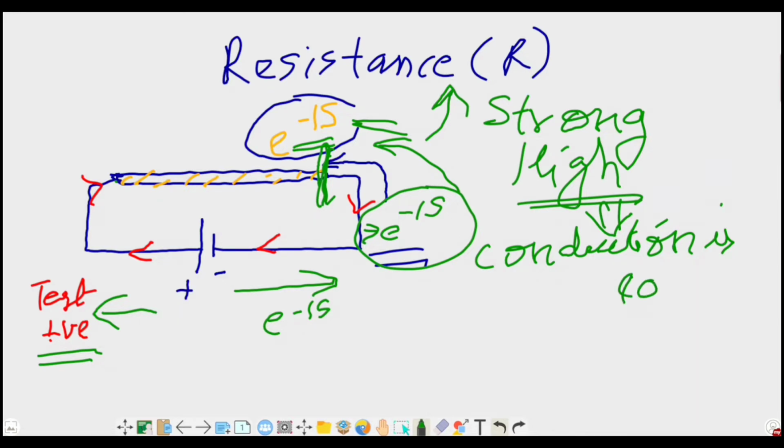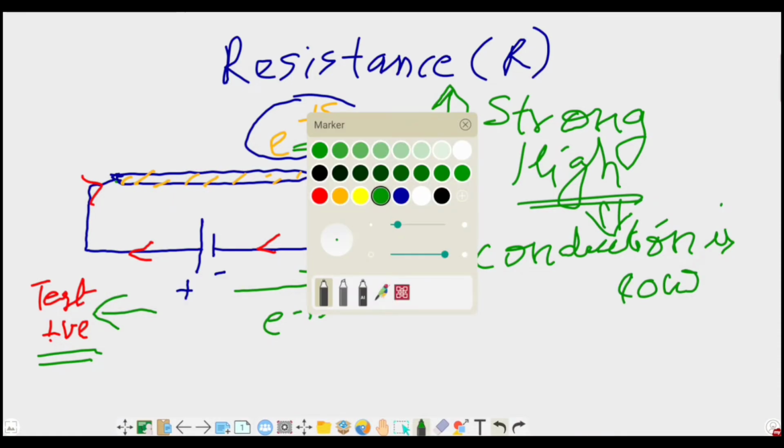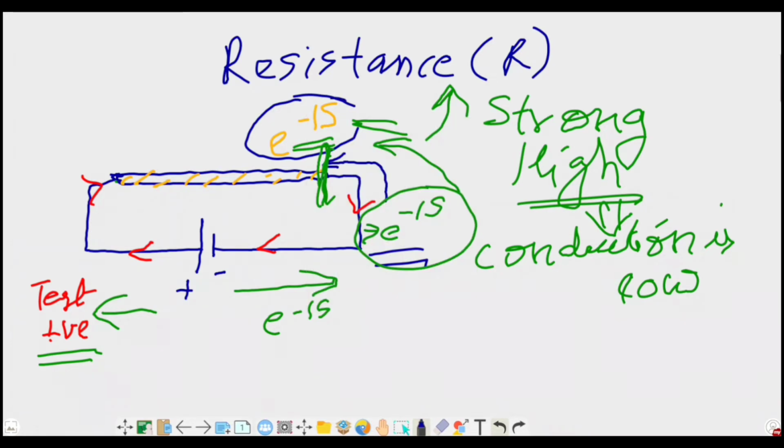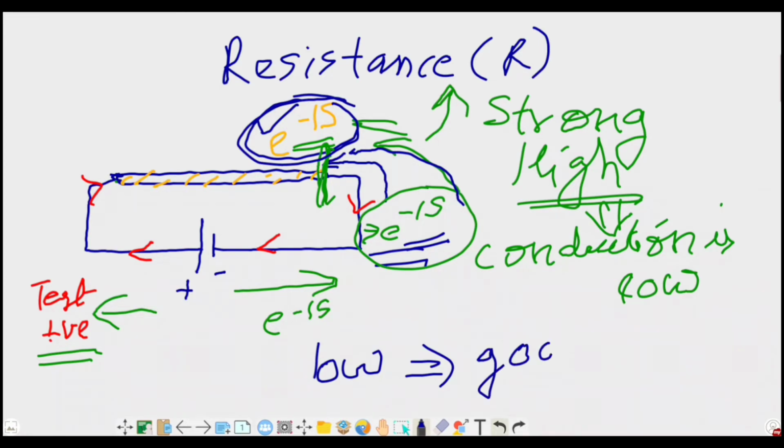So a wire with high resistance indicates poor conduction. But on the opposite side, if the obstruction is not too strong, its strength is low, then these electrons will get a place. They can easily pass, overcoming the obstruction provided by these electrons. So they are good conductors.